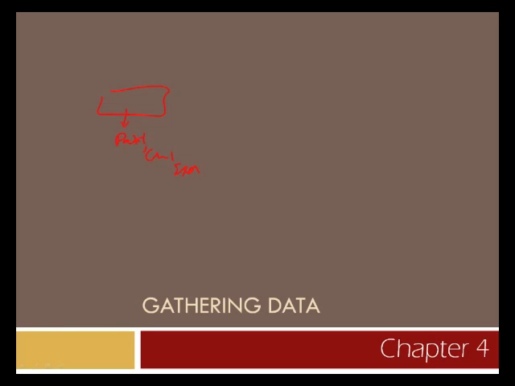We're going to go ahead with chapter 4, and so we'll cover chapter 4 today. On Tuesday, we will talk about chapter 5 and do an activity. On Thursday, we will do an activity and review for the exam. So this is all about gathering data.